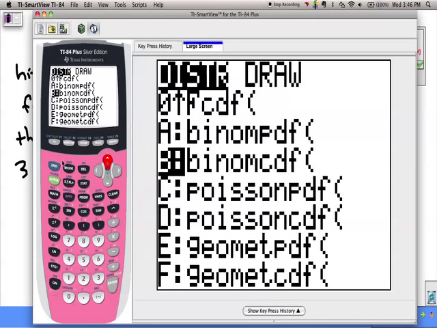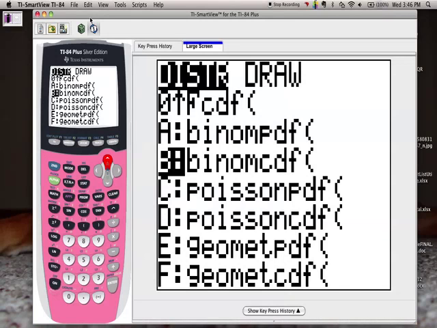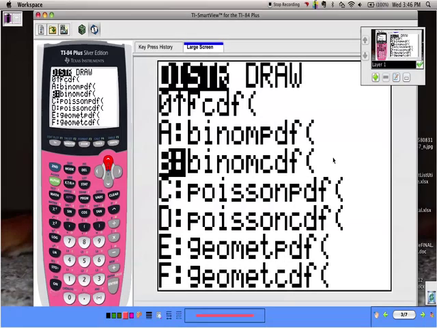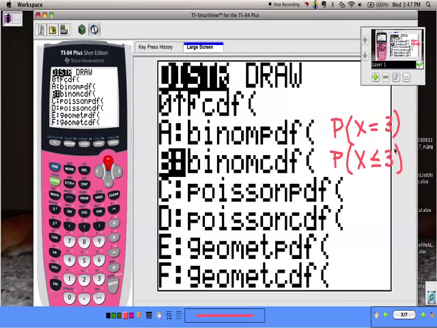The CDF is used for when we want, say, probability that X is less than or equal to some number. Binomial probability PDF is used when we want the probability that X is equal to some number.